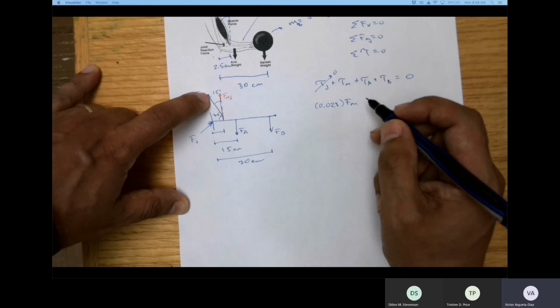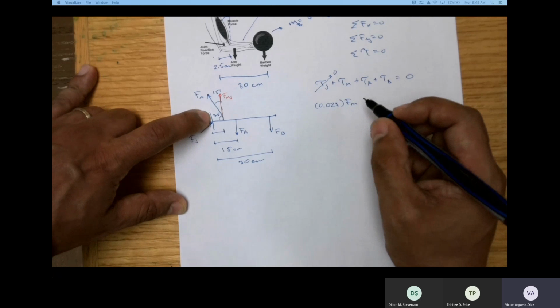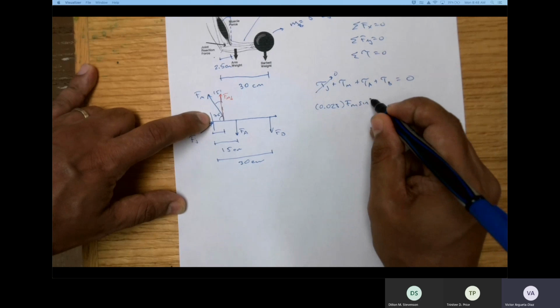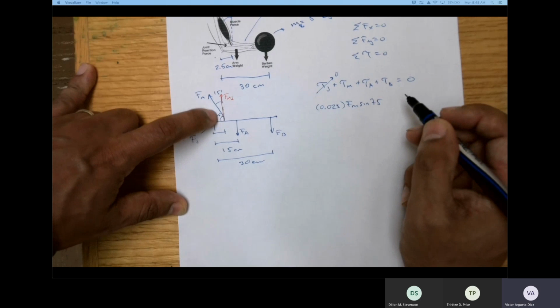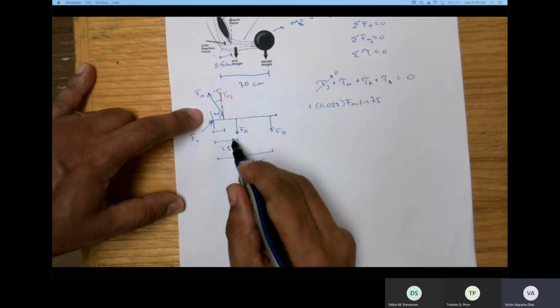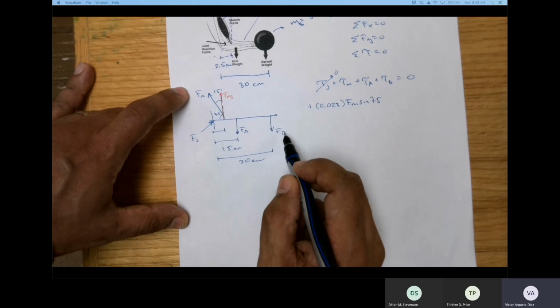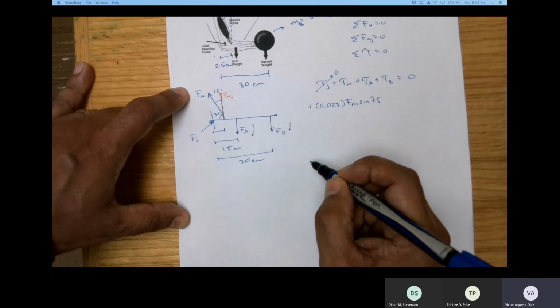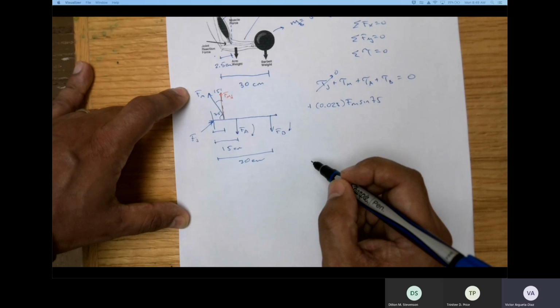You can do either cosine of 15 or sine of 75. I'm going to use sine of 75, and that one's going to be a positive torque. The other two, the arm and the barbell, are rotating the arm clockwise, so that's going to be a negative torque.